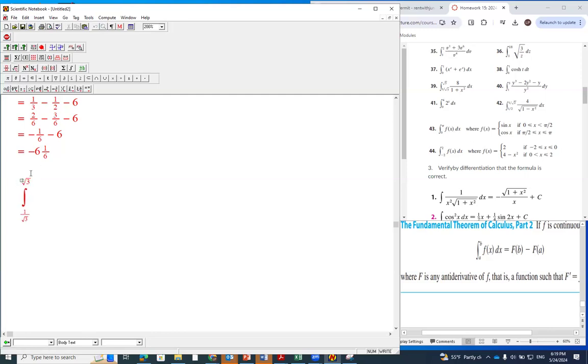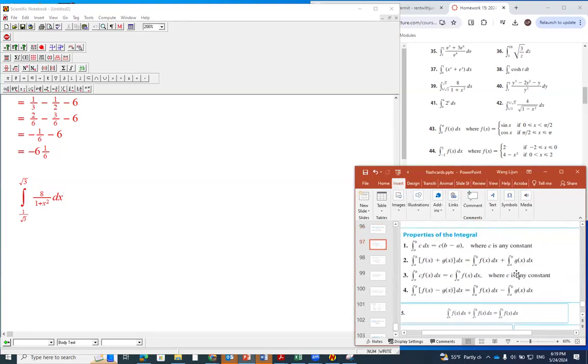And the function in consideration is 8 over 1 plus x squared dx. You see, we have all these properties here, right?